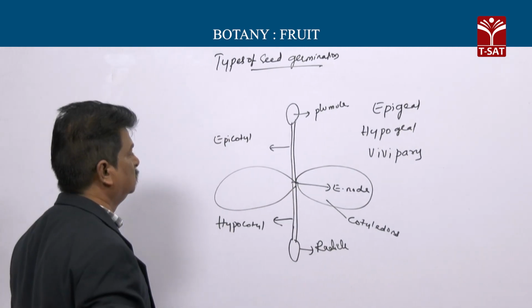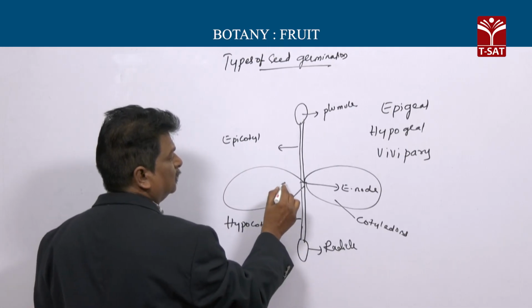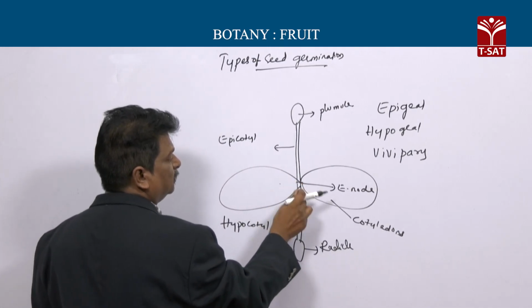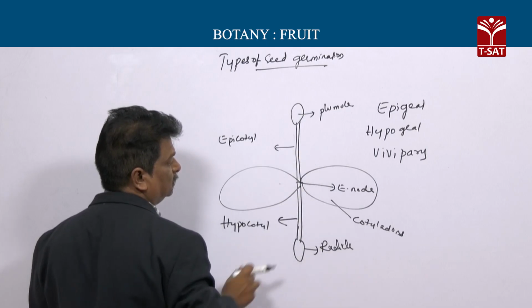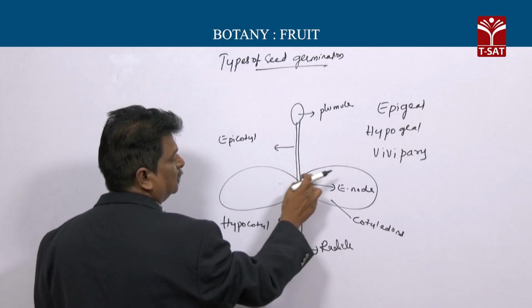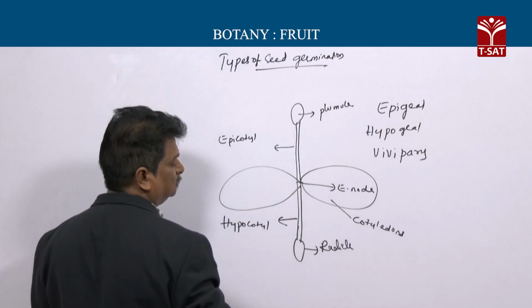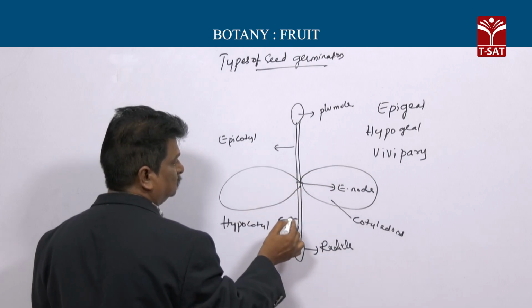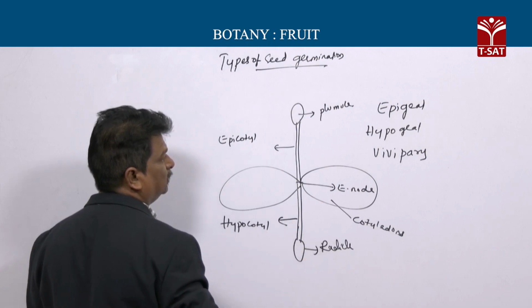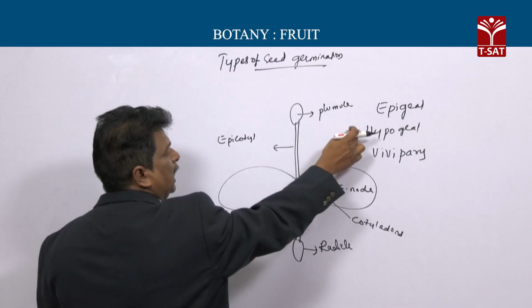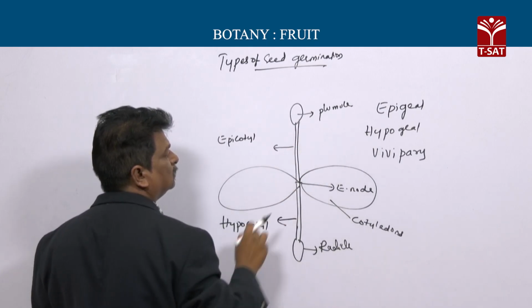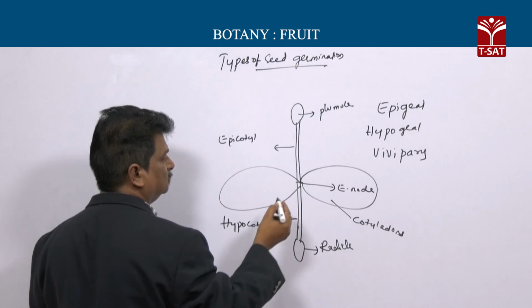Epigeal means in this type cotyledons come above the ground. It is due to elongation of hypocotyl. Second one, hypogeal germination.